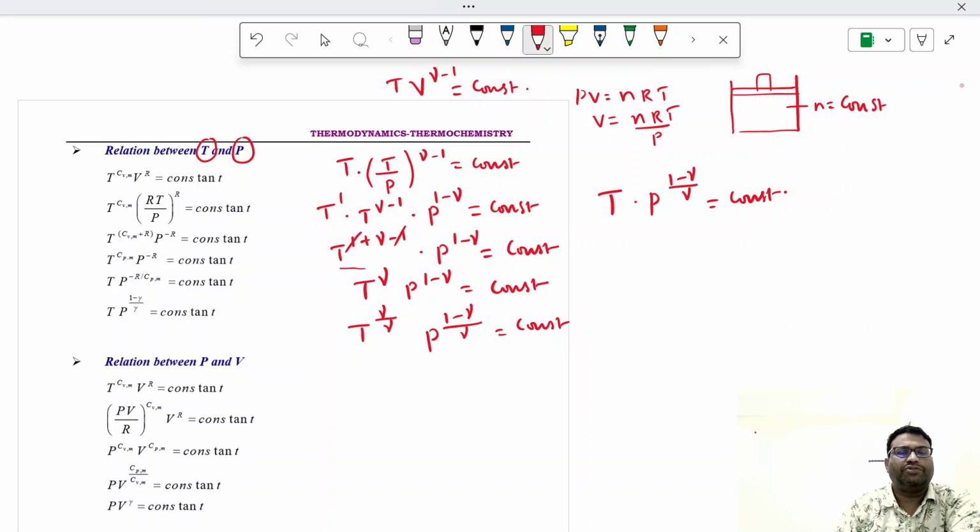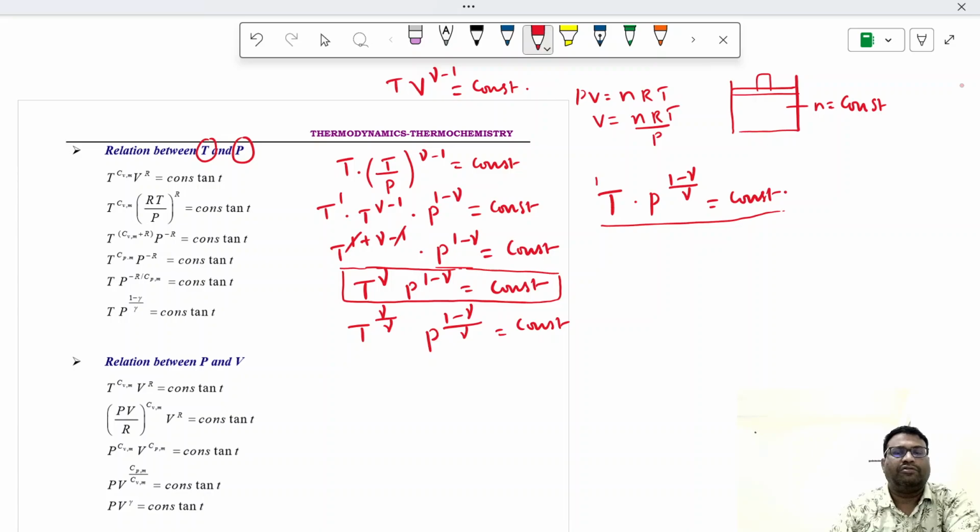So you can use this equation or this equation. Both are same, right? So relation between T and P: T power gamma into P power 1 minus gamma is equal to constant, or T into P power 1 minus gamma by gamma is equal to constant.